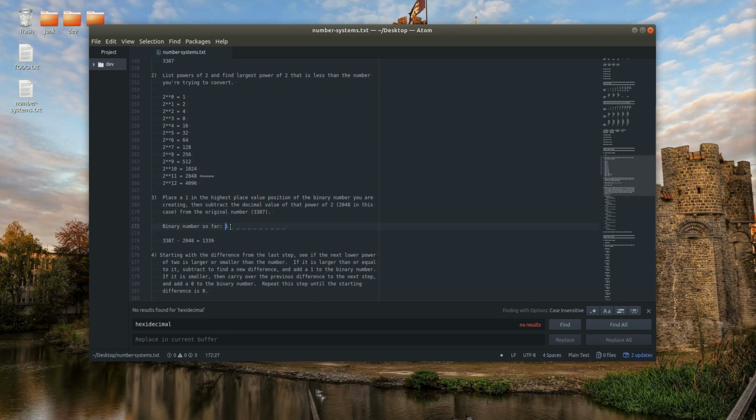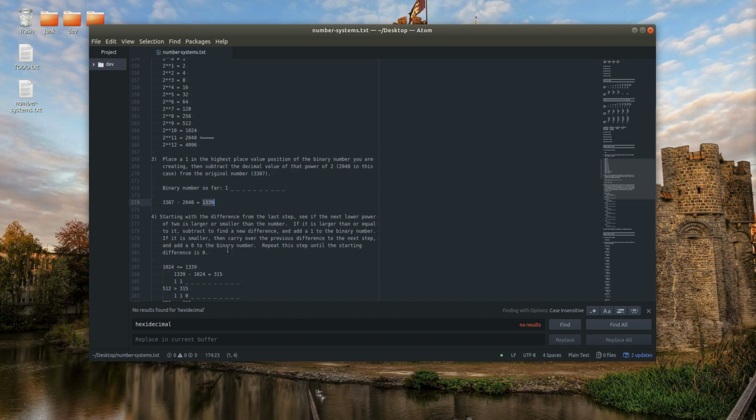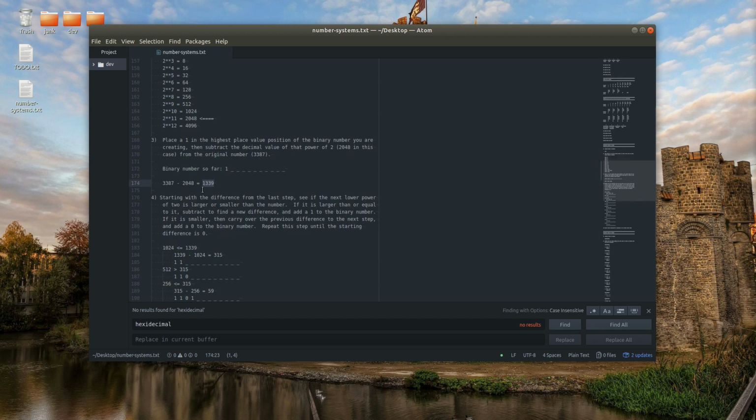So now we have to make a binary number out of whatever's left. Okay, so we've taken care of 2048, so we subtract that from our number. Now we have to represent this number in binary, 1339.